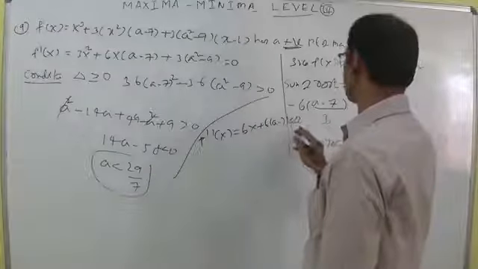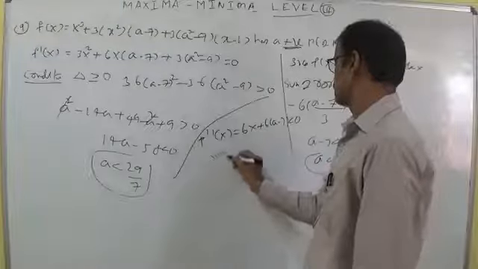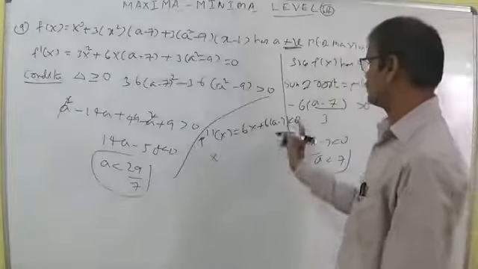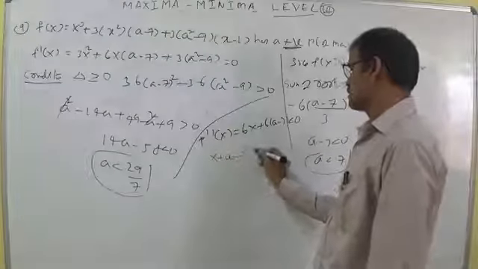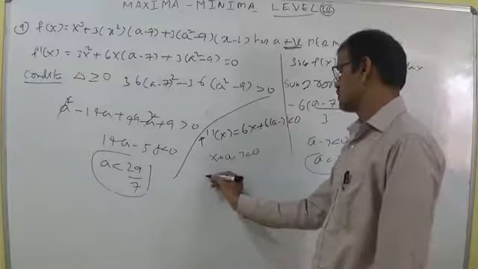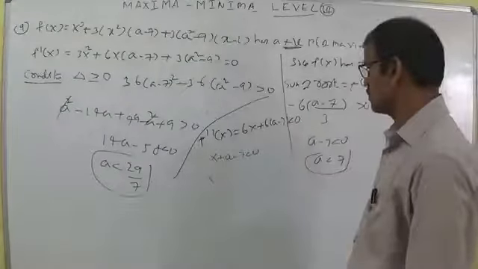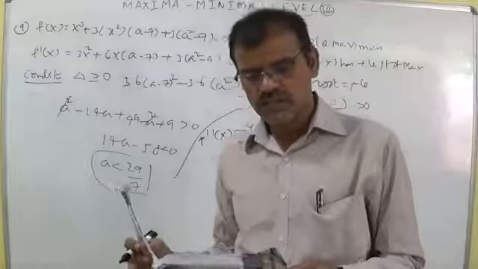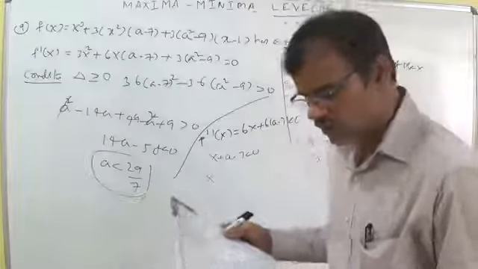This is maximum, less than 0. 6x plus 6 into a minus 7, with 6 we have divided, x plus a minus 7 less than 0. So we can write the root according to a only. He is discussing the characteristic of a only.